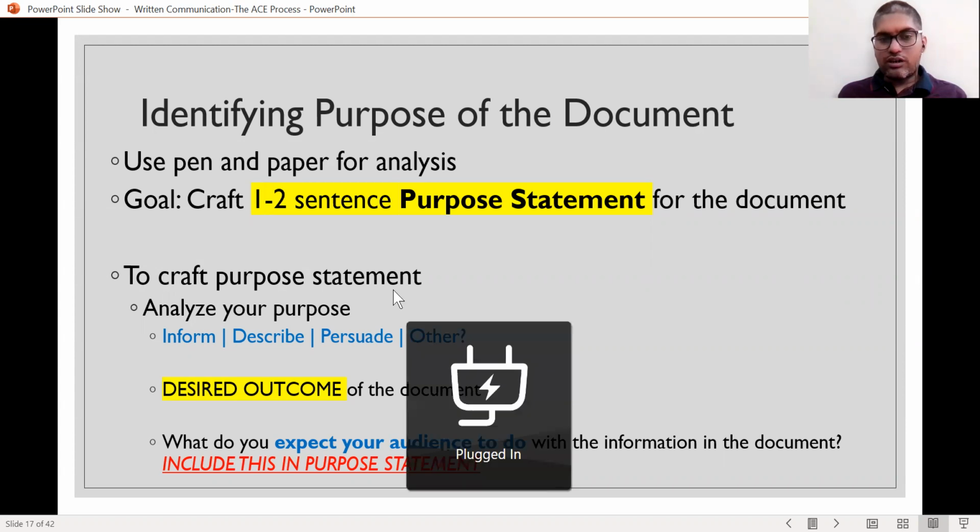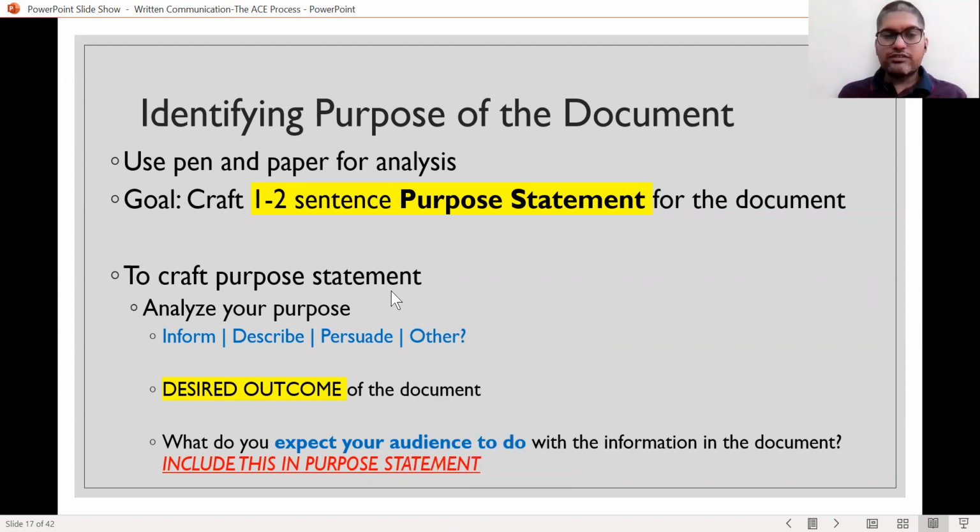How do you craft this purpose statement? The first is you analyze your purpose in terms of whether you are trying to inform the audience, describe something to them, persuade them, or whether there is any other purpose. Depending on the kind of document that you are writing, or the position that you are in within the organization, this purpose will differ.